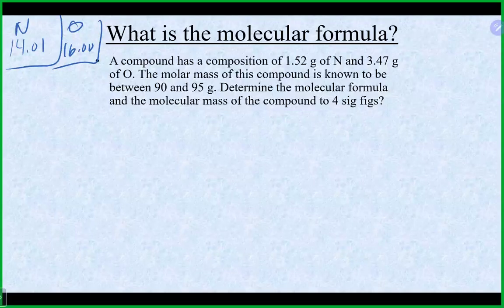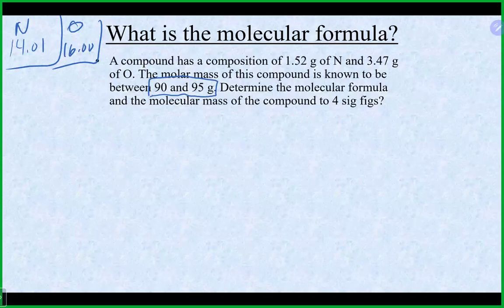Okay, so let's take a look. In this case, we need three things to get to our molecular formula: the empirical formula, the molar mass of the empirical formula, and the molar mass of the compound. Out of those three, we really only have one, which is a range of 90 to 95 grams per mole for the molar mass.